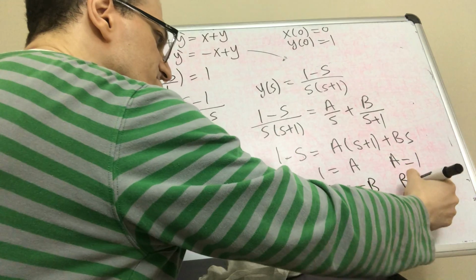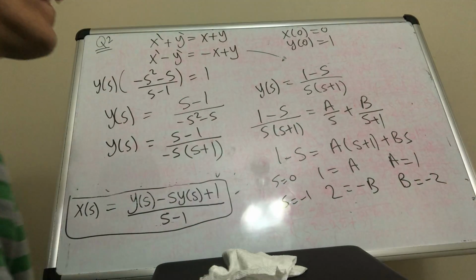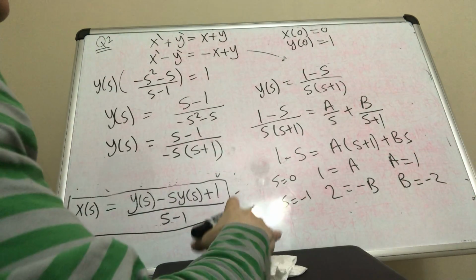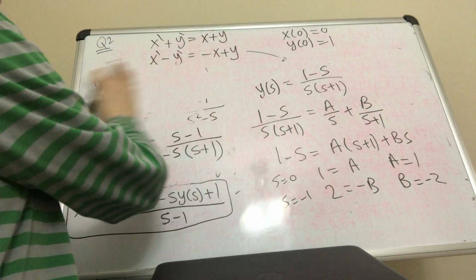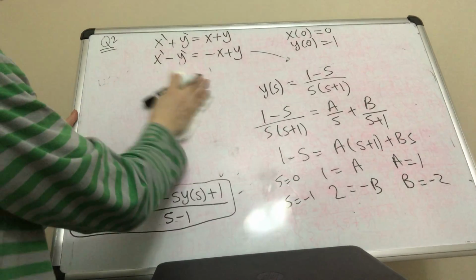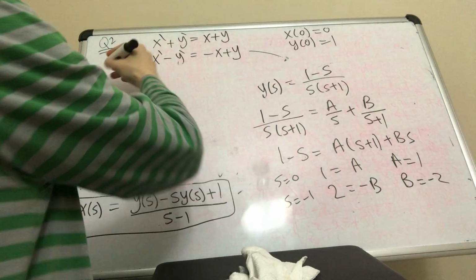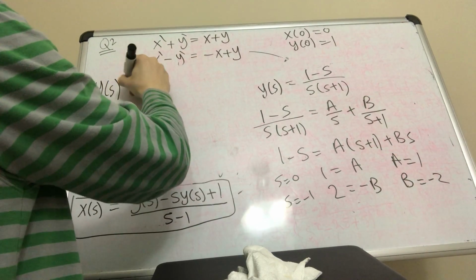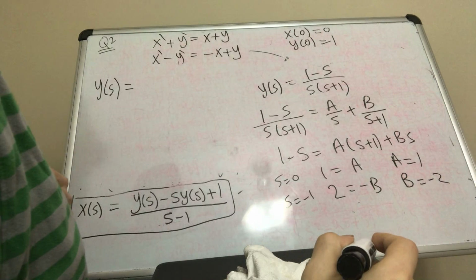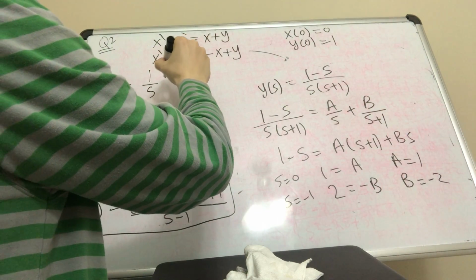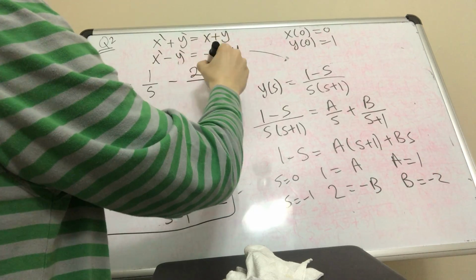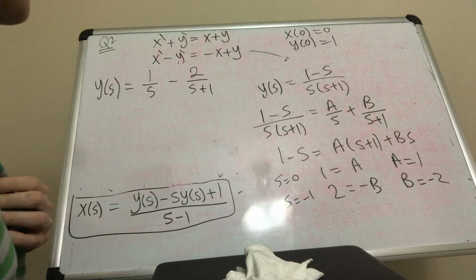So b is minus 2. So y of s now is 1 over s, minus 2 over s plus 1.